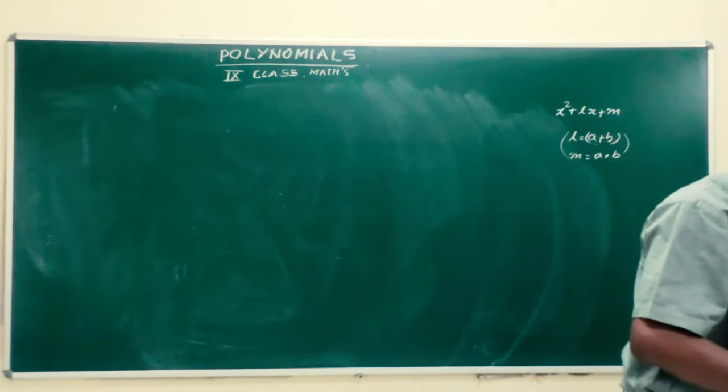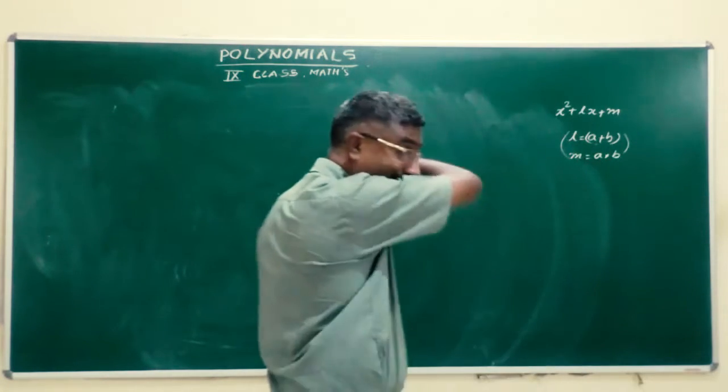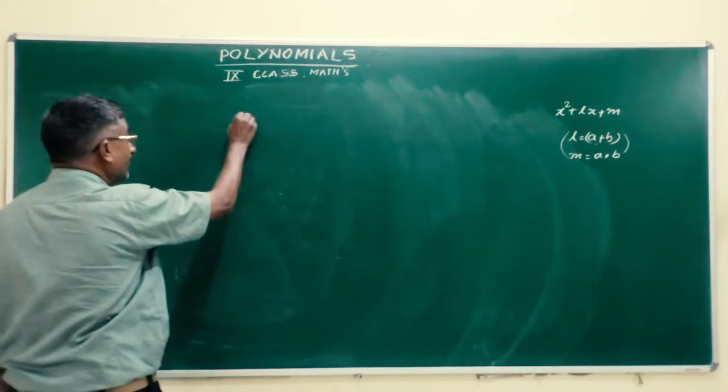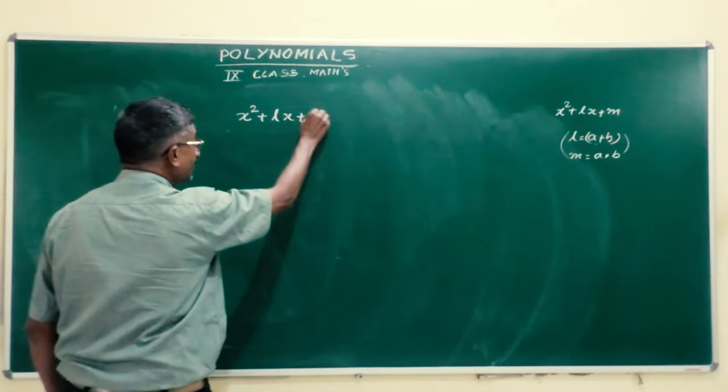Second degree theorem, that is the quadratic equation we know. It is how we can split or how we can factorize. There is one term we have taken in your book, that is x square plus lx plus m.